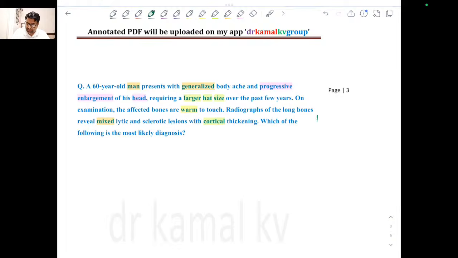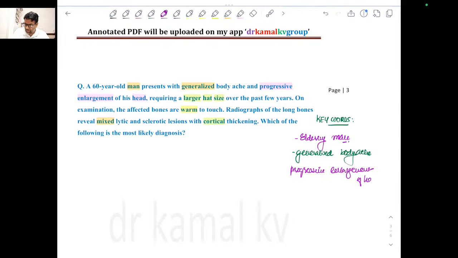Now let us write the keywords first. Elderly male, obviously. Then there is generalized body ache, then progressive enlargement of head, and just because of this, head size is increasing, right?